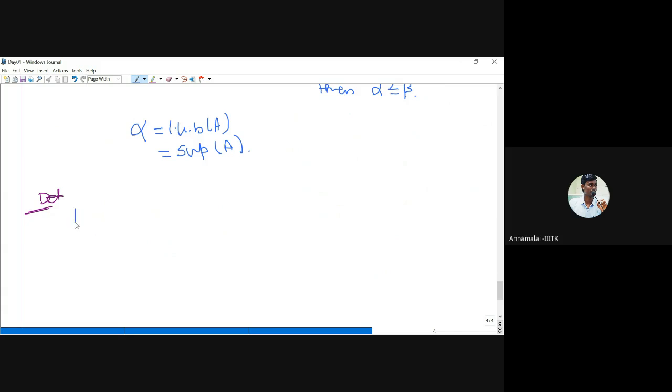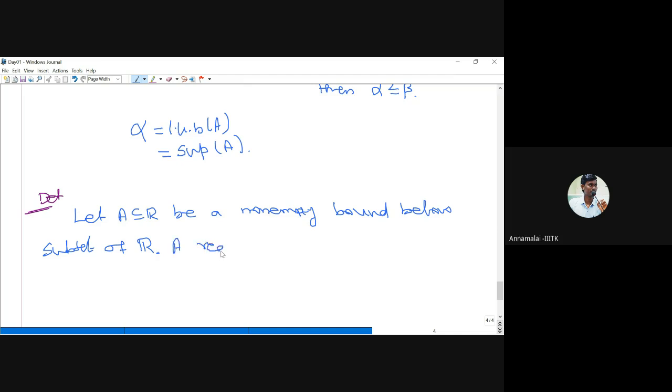Let A be a non-empty bounded below subset of R. Then we say a real number beta in R is said to be the greatest lower bound.